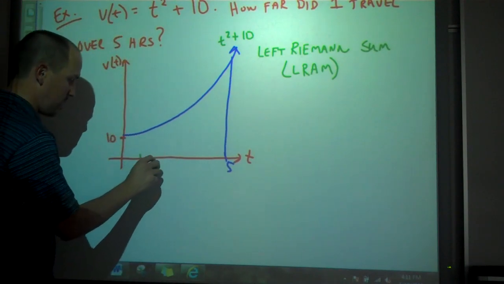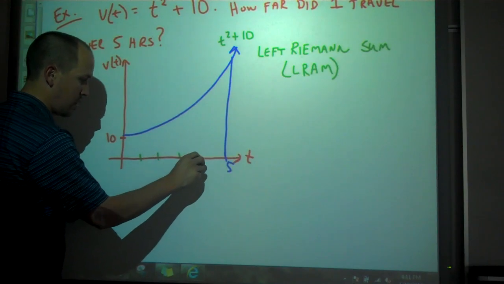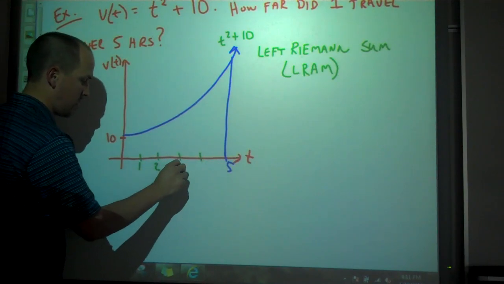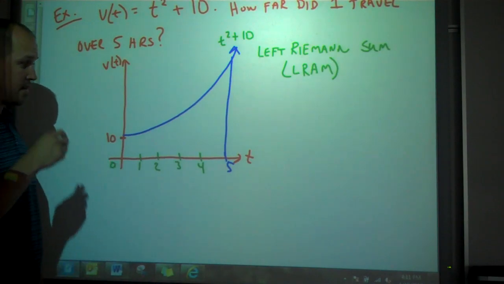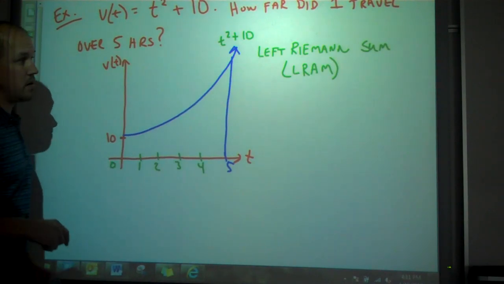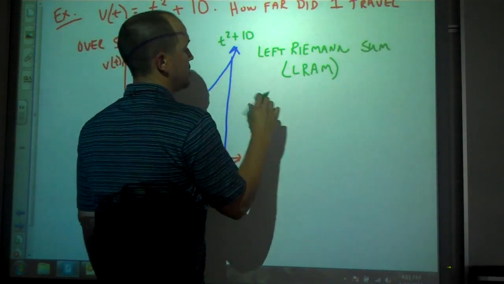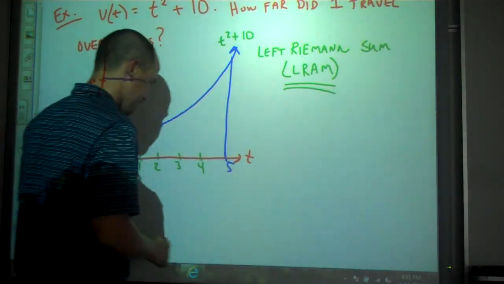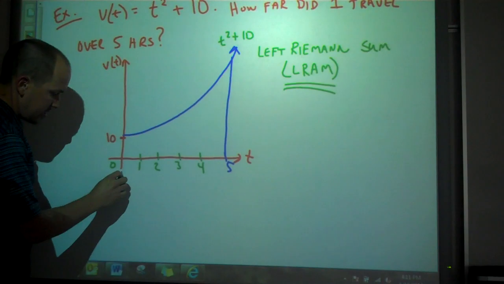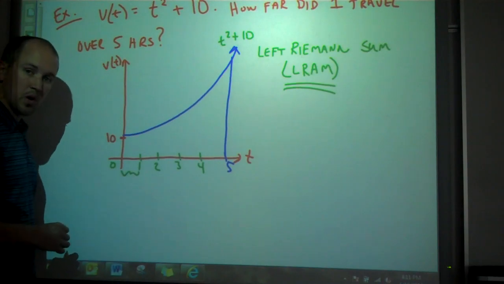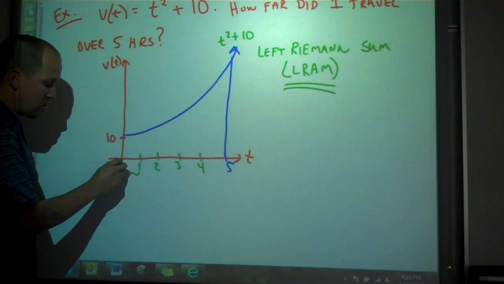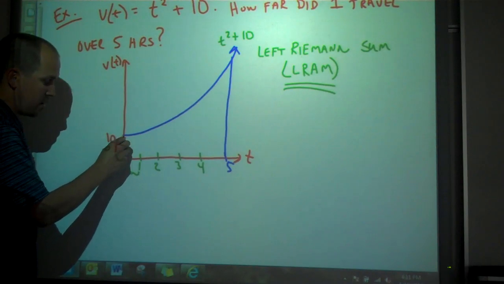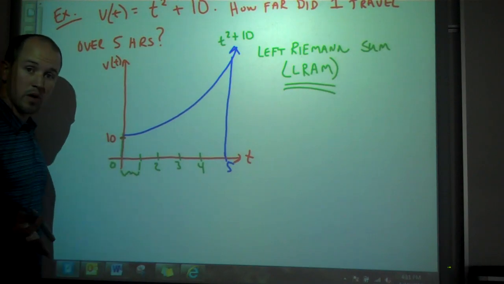So I'm going to go 1, 2, 3, 4, and 5. I'll let you do that. And a left Riemann sum just says, in this interval, from 0 to 1, I'm going to go to the left part of it at 0, go up to the graph, hit the graph, and then make a rectangle.